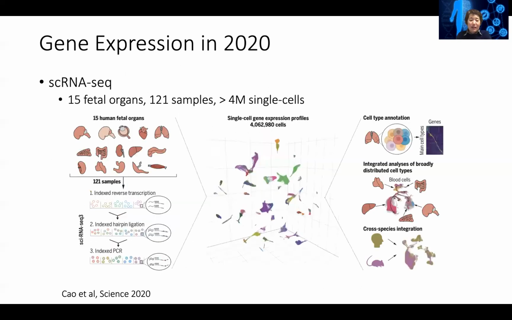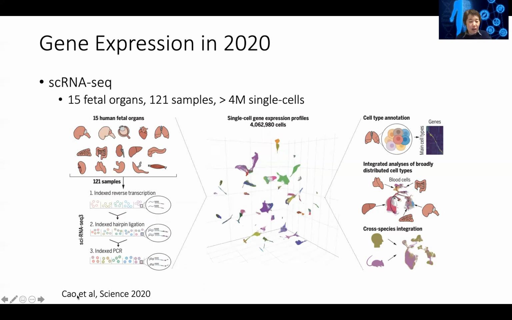In addition, people are now developing single cell gene expression techniques. So instead of looking at a bulk tissue, single cell expression techniques can look within a complex tissue at whether there are different cell types. For example, in the brain there are different components, and also in the heart and in the liver, there are so many different cell types.